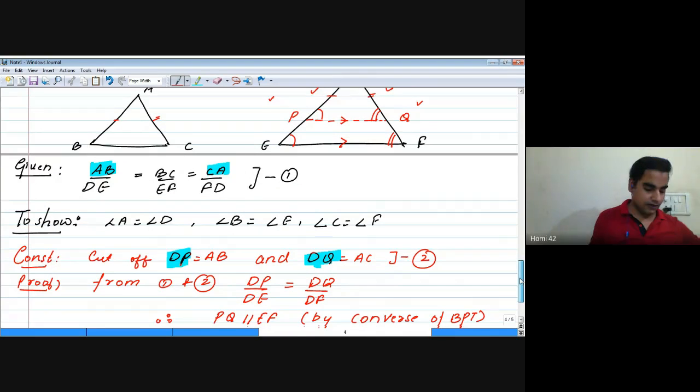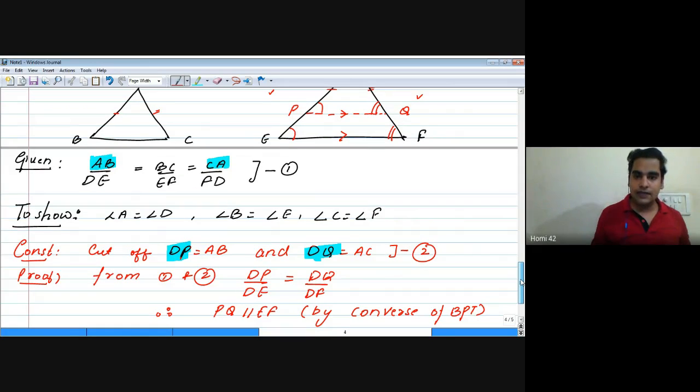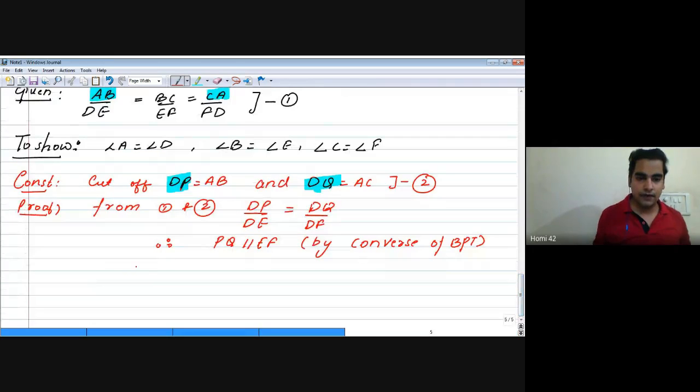Yes, because they are going to be corresponding angles, right? So I'm going to write it, angle P is equal to angle E, angle Q is equal to angle F, corresponding angles.